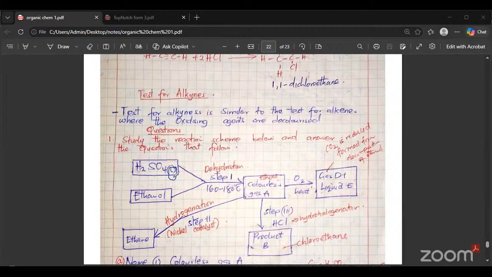If this one was written as aq, that one is dilute, because aqueous means dilute. When they have given you L, liquid form, that one is concentrated.